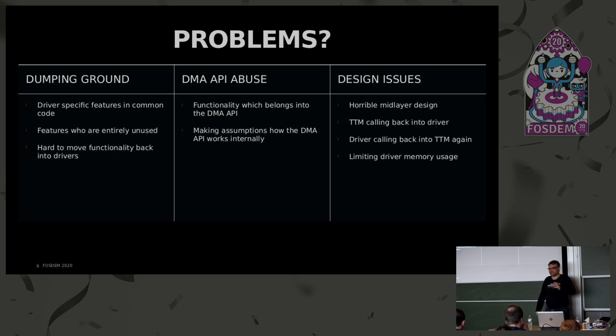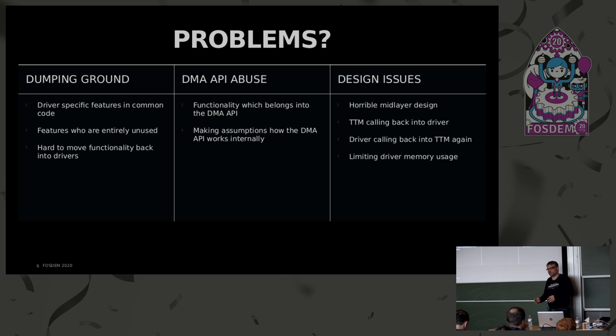Usually that's probably a good idea in open source software. The problem here is that everybody did that without a central maintainer who actually filtered out which features were useful and which were not. So TTM became, as I said, a dumping ground. And as we will see on the next slide, it was rather hard to revert that and move functionalities back into the drivers again.